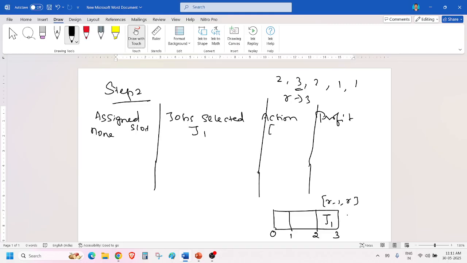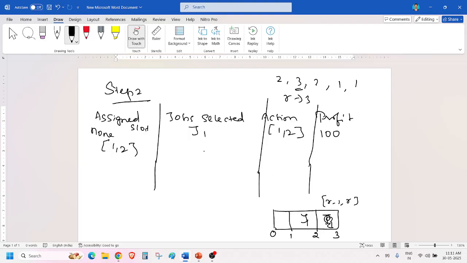So this is the place which we have taken. The profit is 100, so we are taking it. So we have assigned it.